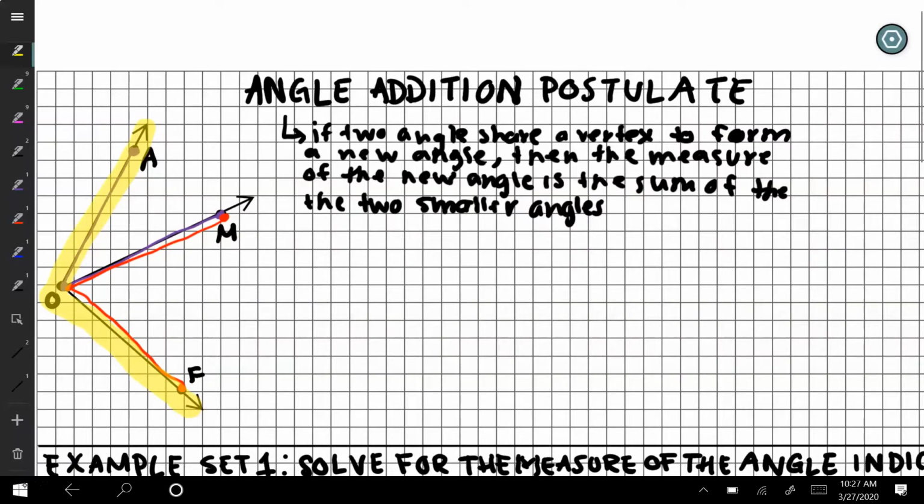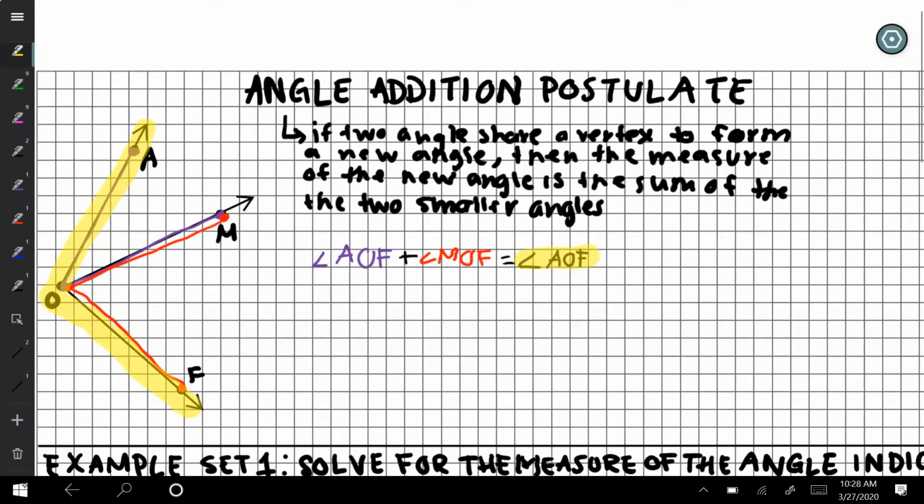Alright, so what the angle addition postulate tells us is that if we take the two smaller angles, angle AOM plus angle MOF, then they'll always equal that big angle on the outside, which is angle AOF, and I'm going to go ahead and highlight that, which is our big angle.